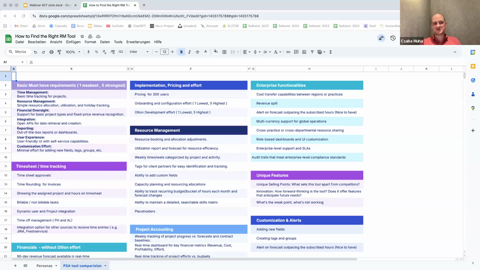So what you can see here, just so I can talk about the sheet as well: based on the personas, we have identified function areas, and based on the function areas, there are specific features like, again, basic must-haves, timesheet tracking, financials, what do we need, enterprise functionalities, unique features.